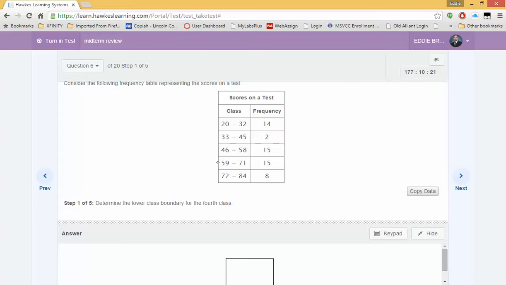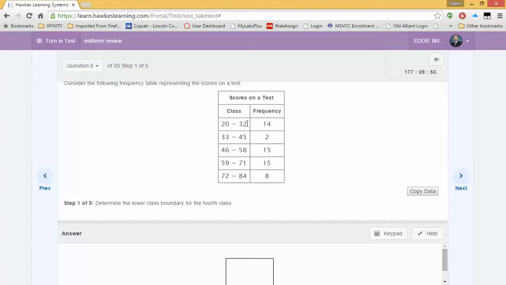Again, how did I get that magical number? Class boundaries are a little confusing. The way you get a class boundary, different than a class limit, is you take how many units are between any consecutive upper class limit and lower class limit. On this particular frequency table, that would be 1 unit. Divide that by 2, you get 0.5.